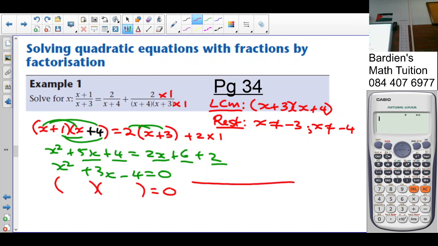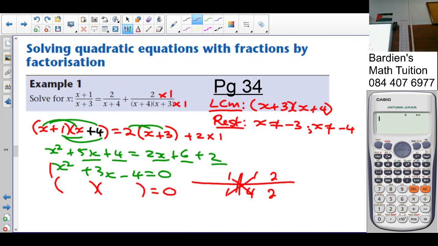So what factors go on the line? Factors of 1 is 1 and 1. For 4, 1 and 4, 2 and 2. We add or subtract the factors. We subtract them because the 4 is negative. 1 times 4 is 4, 1 times 1 is 1. 4 minus 1 is 3.